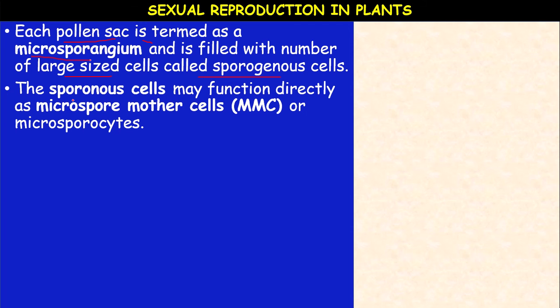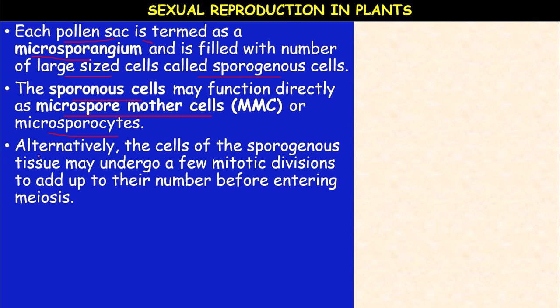The sporogenous cells may function directly as microspore mother cells, MMC, or they are also called PMC, pollen mother cells. They are also called microsporocytes.